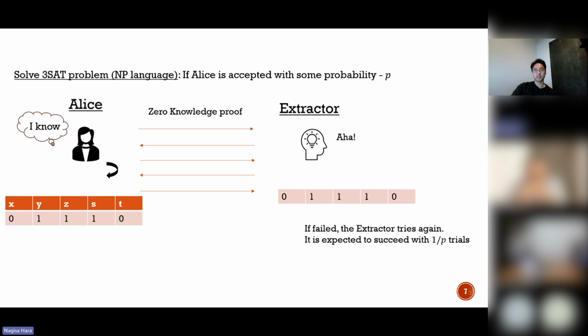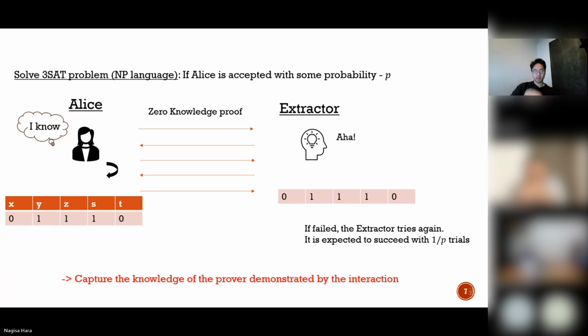So if p is inverse polynomial, then the extractor succeeds in polynomial time. In this way, we capture the knowledge of the prover demonstrated by the interaction. This is the intuition about the proof of knowledge.